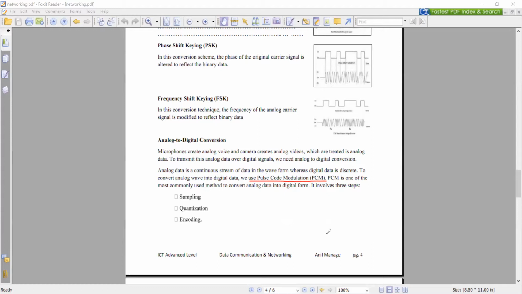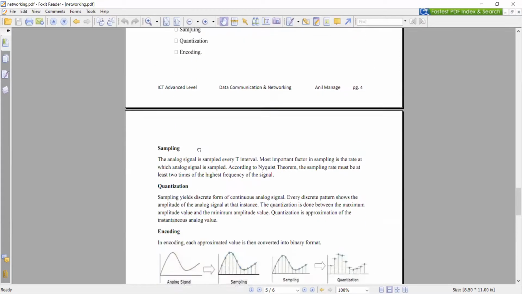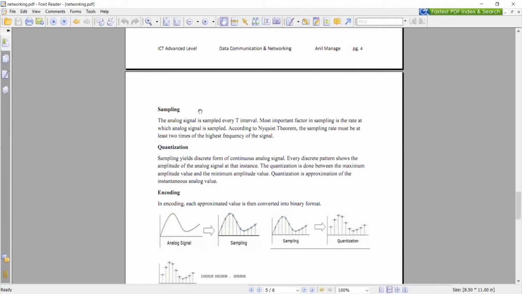Right? Now here it involves 3 steps: sampling, quantization, encoding. මෙන්න මේ ක්‍රම තුන පාවිච්චි කළා තමයි analog to digital conversion is happening, right? So we'll go to that part. Sampling. The analog signal is sampled every t interval. Now you don't have to worry about this stuff.